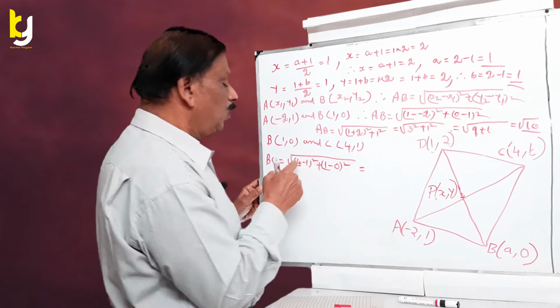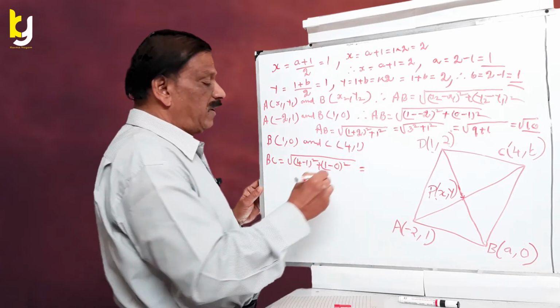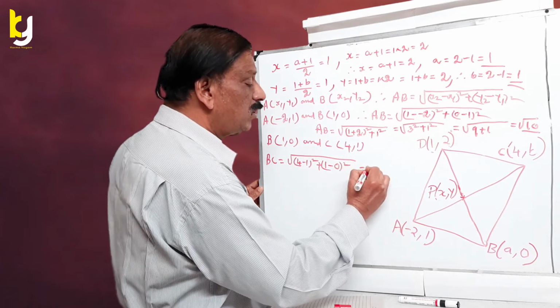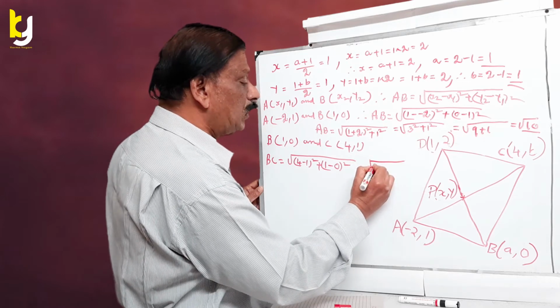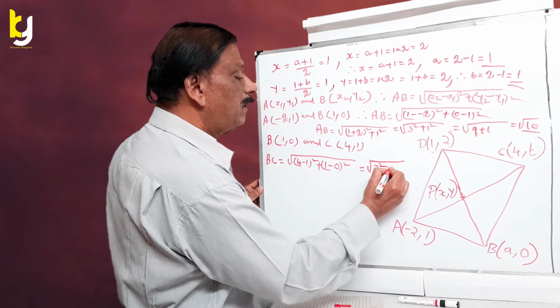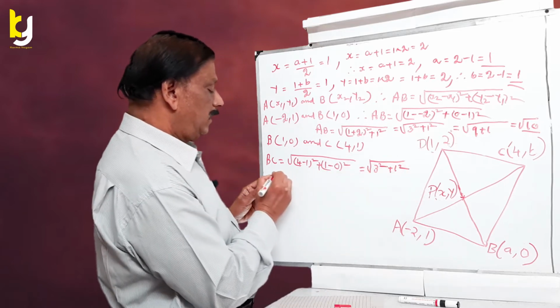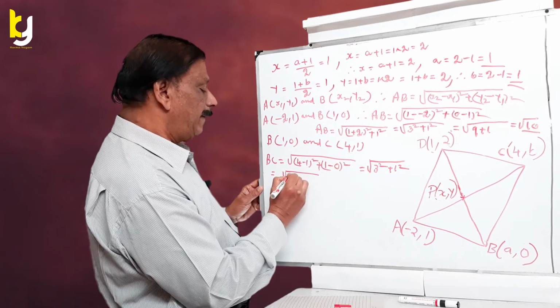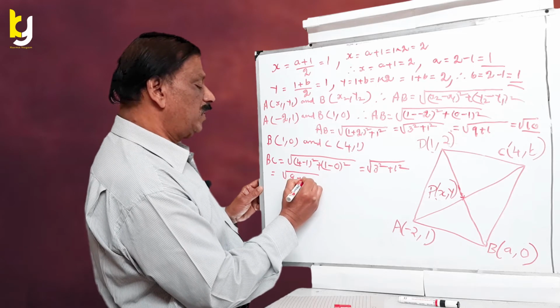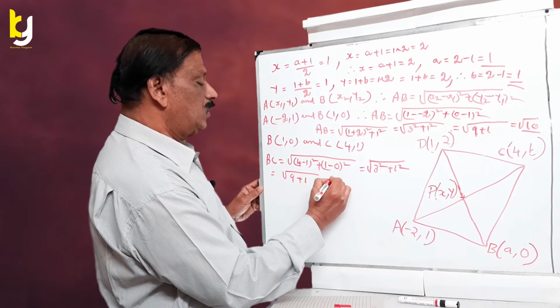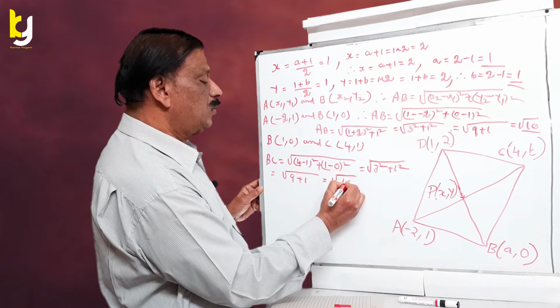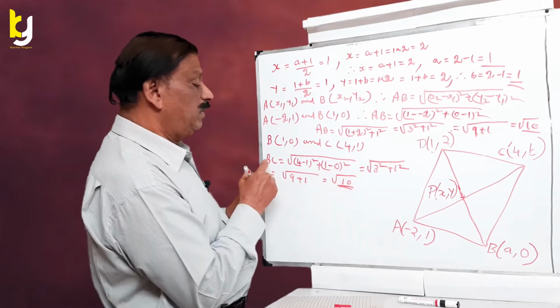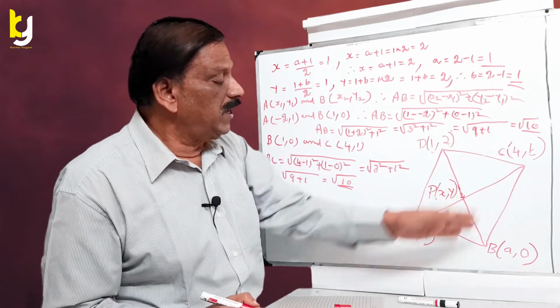That is equal to root of 4 minus 1 whole square, 4 minus 1 is 3, that is equal to root of 3 square plus 1 square. That is equal to root of 3 square is 9 plus 1 square is 1. That is equal to 9 plus 1, that is equal to root 10. So BC is equal to root 10.